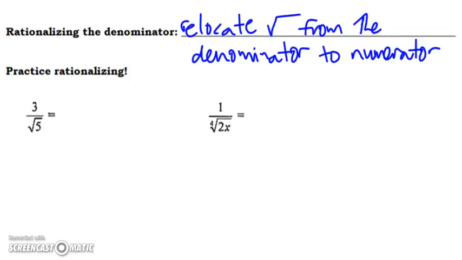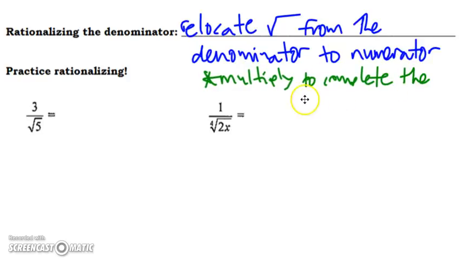And when we are doing that, what we really need to think about is we're going to multiply to complete the root in the denominator. And whatever we multiply the denominator by, we will have to multiply the numerator by, but we're trying to get rid of the radical in the denominator.